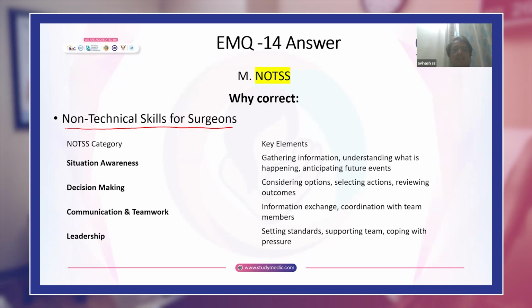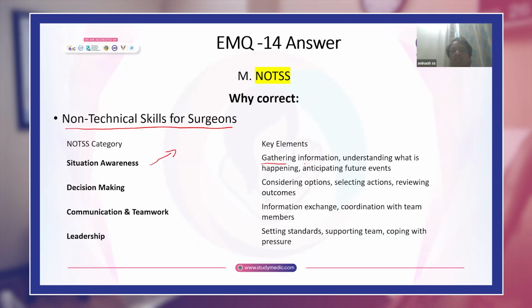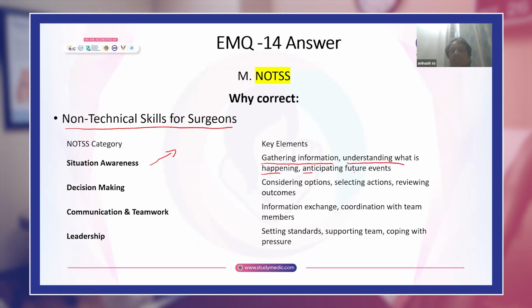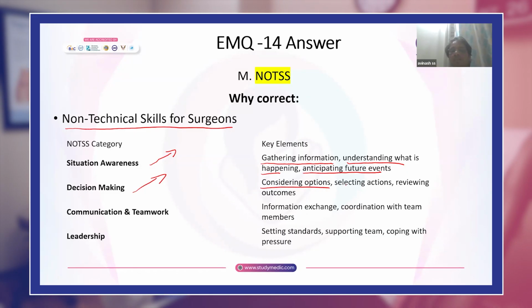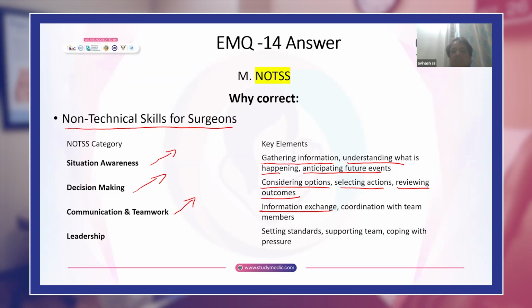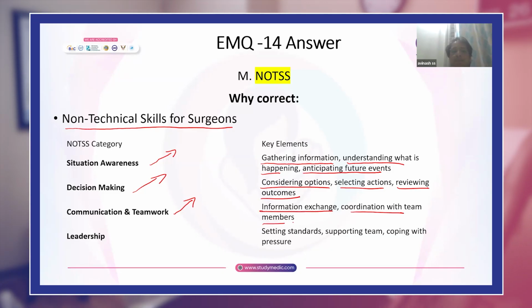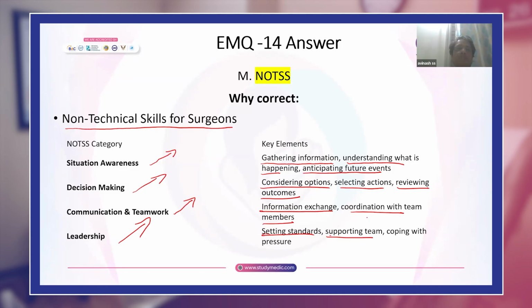For example, whether the person is aware of the situation, like whether he gathers the information, whether he understands what is happening, whether he anticipates future events, his ability to make the decision, considering all other options, selecting the actions and reviewing the outcomes, his communication with the teamwork, exchange of information, coordination with the team members, and his leadership qualities like setting the standards, role modeling, supporting the team and coping with pressure.